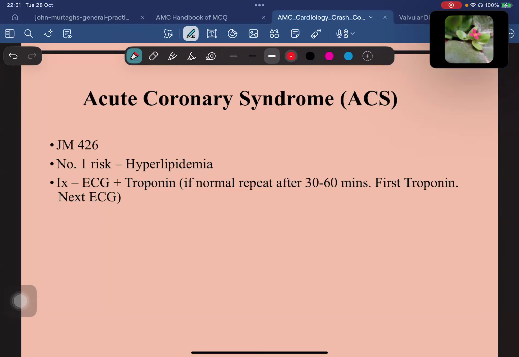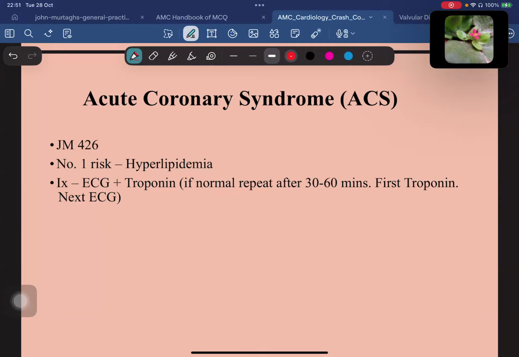I'm sure all of you could list at least 10 risk factors. But AMC is so good at targeting the number one. What is the most common? What is the best? They are so good at targeting that question.